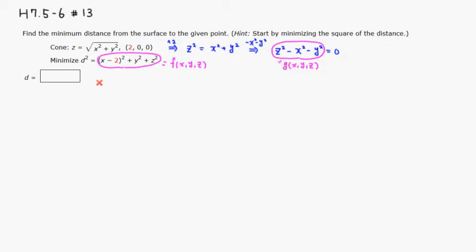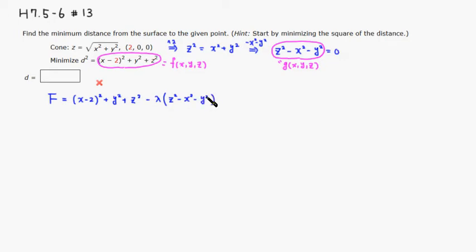Let's formulate the capital F. Capital F is simply the quantity (x minus 2) squared plus y squared plus z squared, minus lambda times g, which is z squared minus x squared minus y squared.